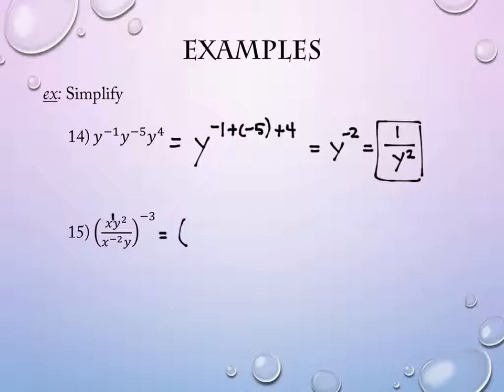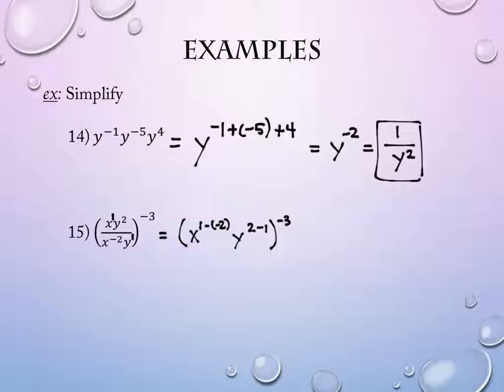This is x to the power 1. Agreed? Okay. So this is x to the 1 minus negative 2. And then I have y to the 2 minus, this is an understood 1 here as well, right? So 2 minus 1. All of this is to the power negative 3, which we will deal with much later, okay?